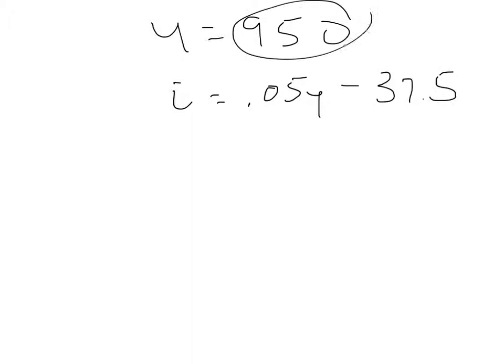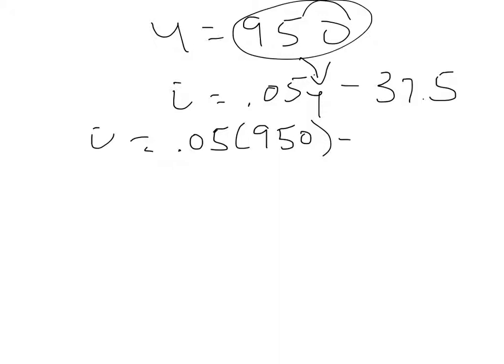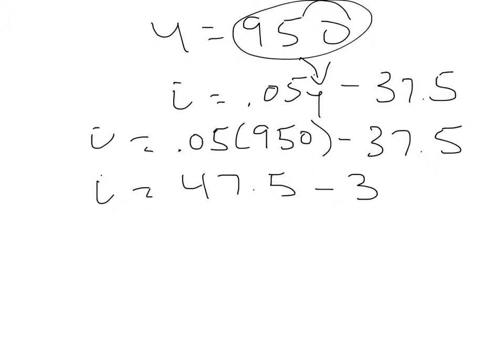So I'm going to take this 950 and plug it into this equation, and I'm going to have I equals 0.05 times 950 minus 37.5. That's going to leave me with I equals 47.5 minus 37.5, and I is therefore equal to 10.